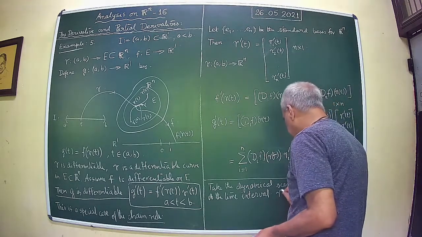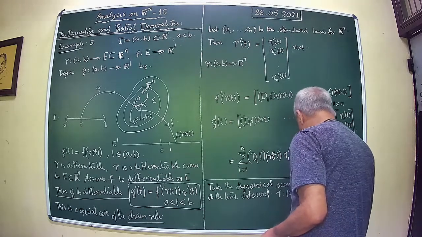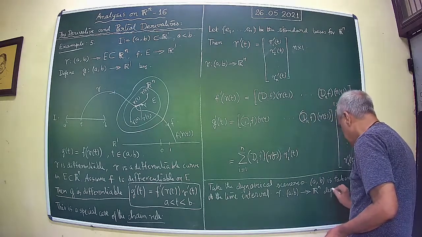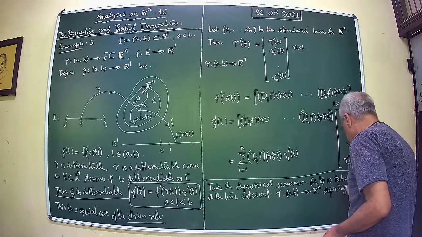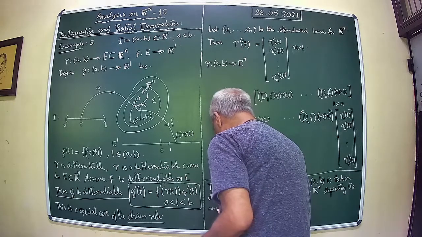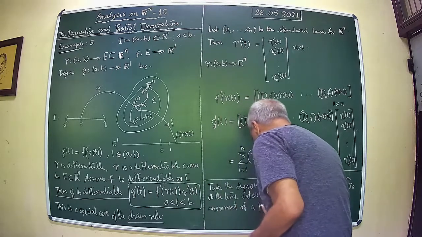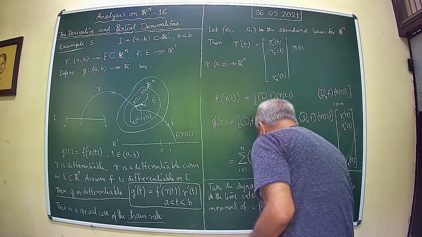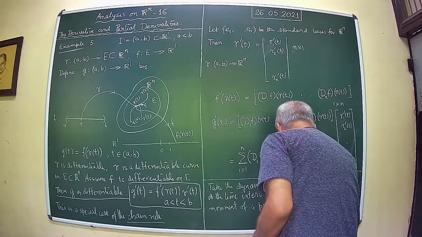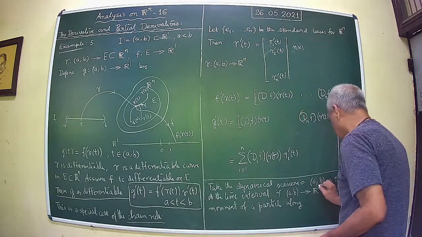Then gamma is a map depicting the movement of a particle along, let us take R3, so that is more realistic.